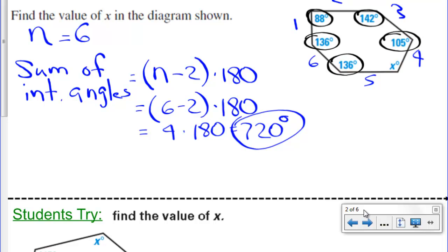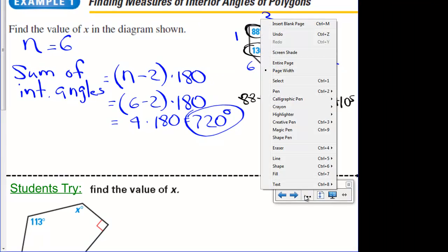And Jared, what's the last number or term we're going to add? x. All right, so the long way is to write it out like this: 88 plus 136 plus 136 plus 142 plus 105. Need some space.